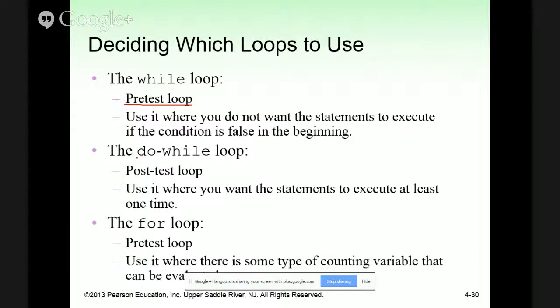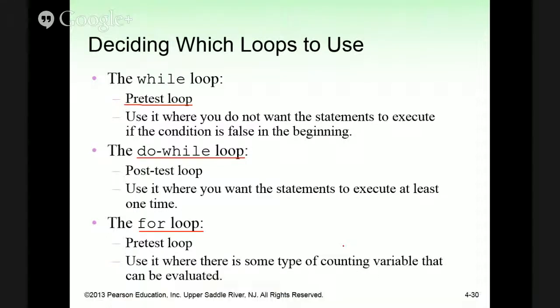The next type is the do while loop. We want to use that whenever we need the statements to execute at least one time. And finally, we have the for loop, which is also a pretest loop. We want to use that when there is some type of counting variable that can be evaluated. In other words, we know exactly how many times we want to repeat. That's when we should use the for loop.